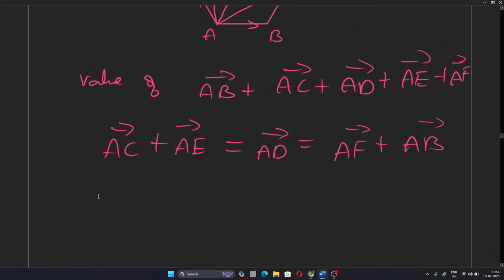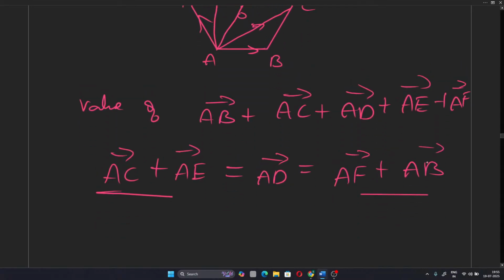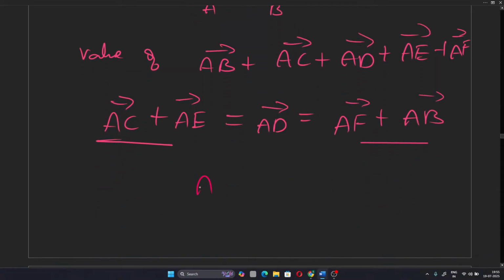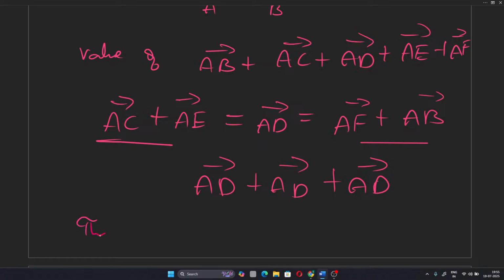So when we add these two up and these two, we will get AD vector plus AD vector plus AD vector. The final value equals 3 AD vector, but this was not given in the options.